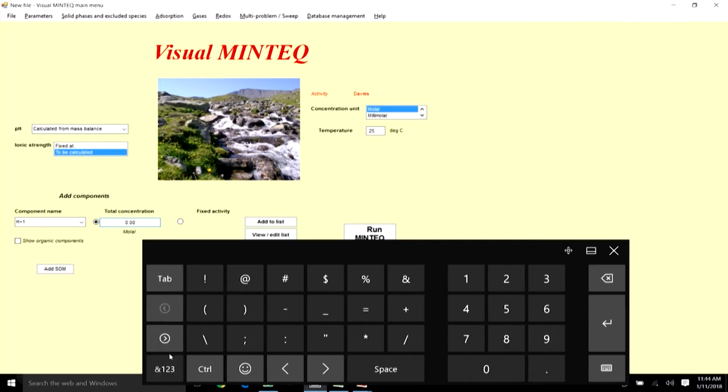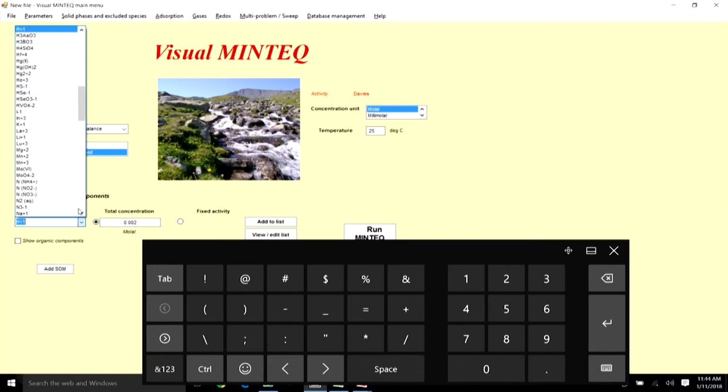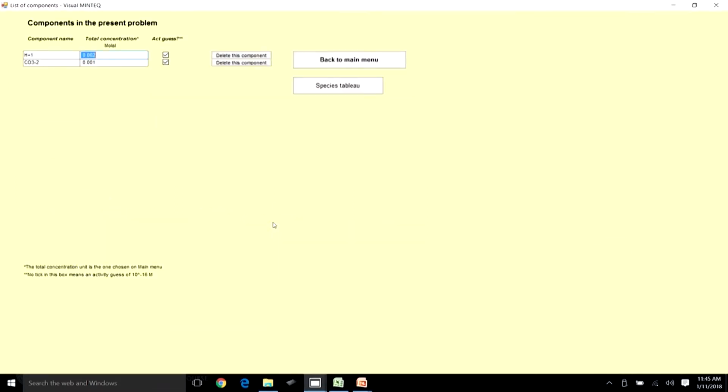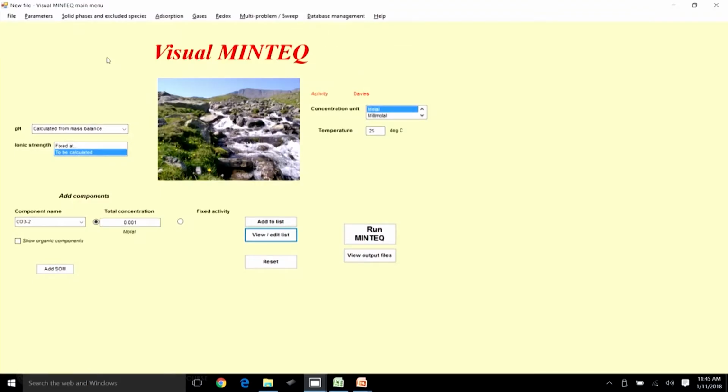So let me change that, 0.002, add that to the list, and then CO3 2 minus, and we are going to look for the component there, CO3 2 minus, and that is going to be at 0.001 molal, right? And I am going to add that to the list. Let us just check our particular component. So 0.002 and CO3 2 minus is 0.001, and where did we get that from?